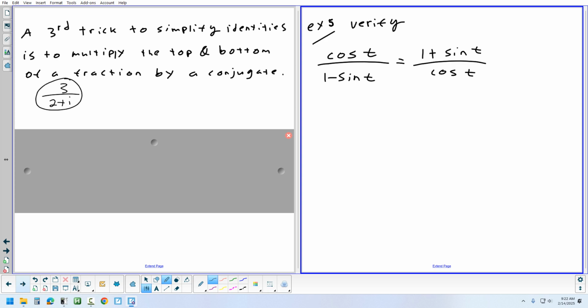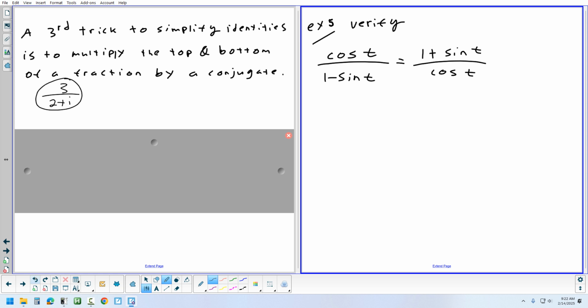That's a problem that kind of says conjugate right away. First of all, if I look at what's on the left, I see 1 minus sine. And if I look at what's on the right, I see 1 plus sine. So I already see conjugates in the original problem they give me. So that's a hint that that's what we're going to want to try.